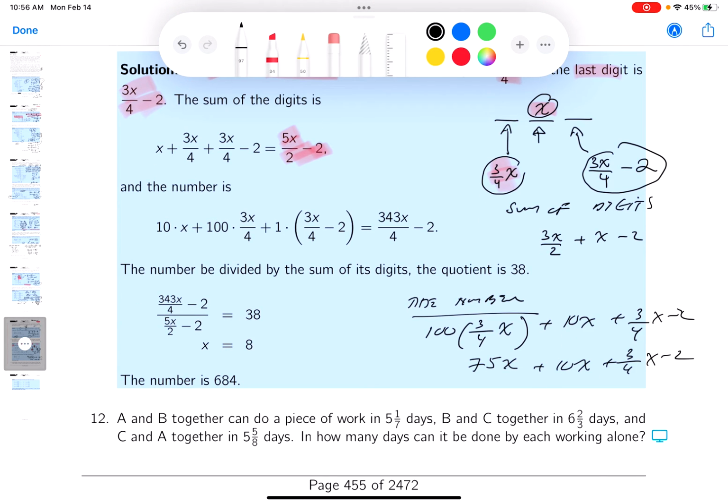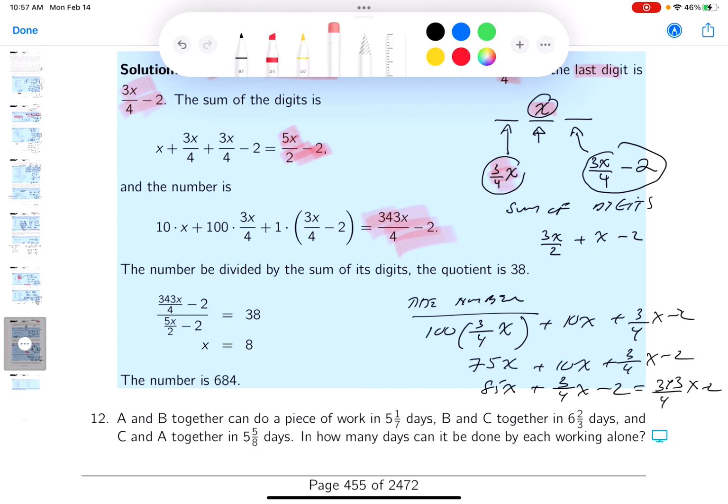Well, I still have to work on it. That's 85x plus 3/4 of an x minus 2. Common denominator there would be 4. So that would be 340, 343x over 4 minus 2. I want to point out where this is right over here. This is the number. 343x over 4 minus 2.